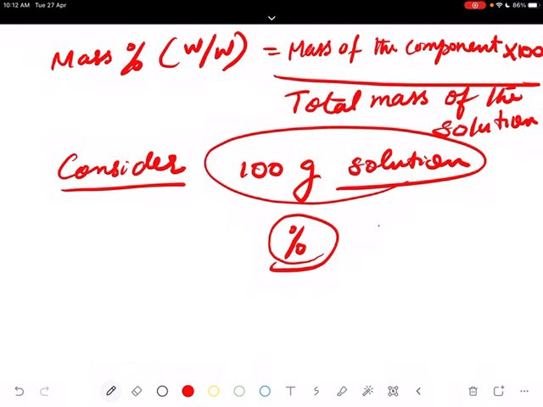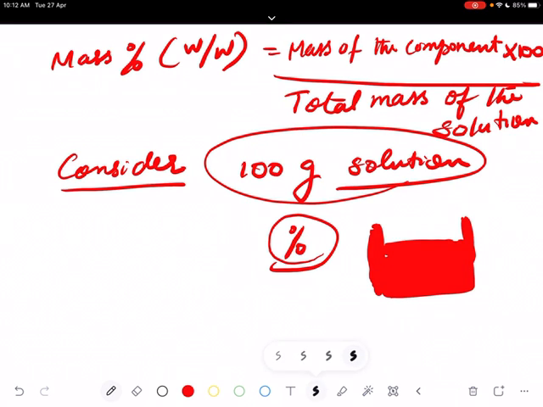In that 100 gram of the solution, what is the amount of the solute that we are telling?